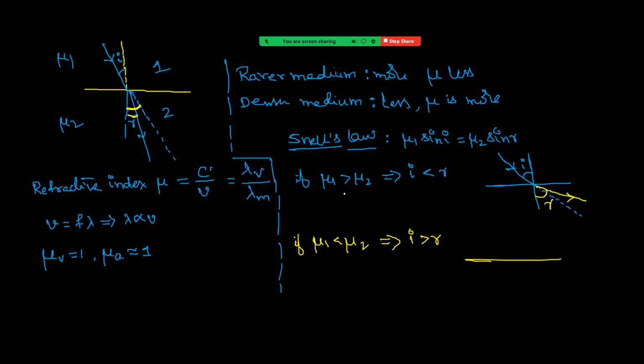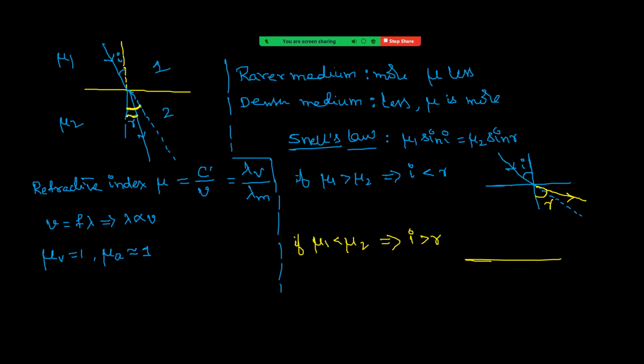So whenever a light ray travels from denser to rarer medium, it bends away from normal. This is now R, which is greater than I. If a light ray travels from rarer to denser medium, it bends towards normal.